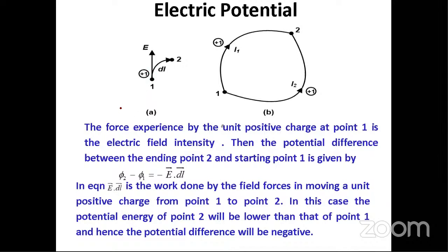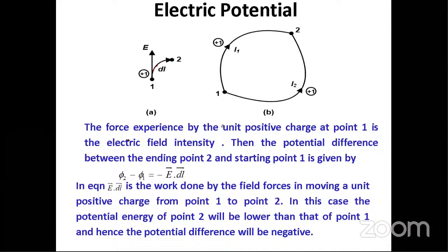When you are moving a positive charge from, say, 1 to 2, it experiences some force, but at each and every point the direction of the force changes. Okay, so that does not depend on the direction. That is why electric potential is a scalar quantity.